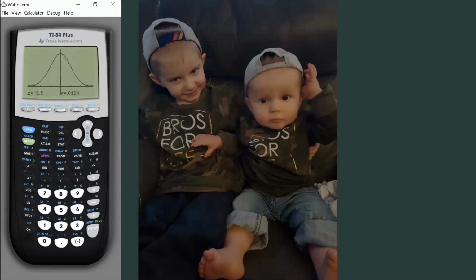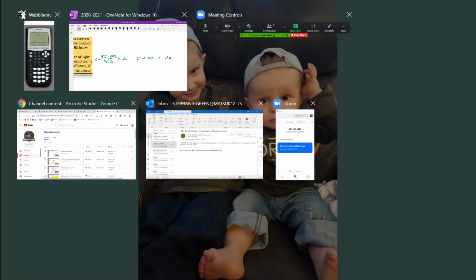And you can see now we have my z-score, negative 2.5, and the p-value is definitely less than 0.05. In fact, it's almost less than 0.01. So this is statistically significant. We reject the null, which means that their average light bulb life is not what it should be.